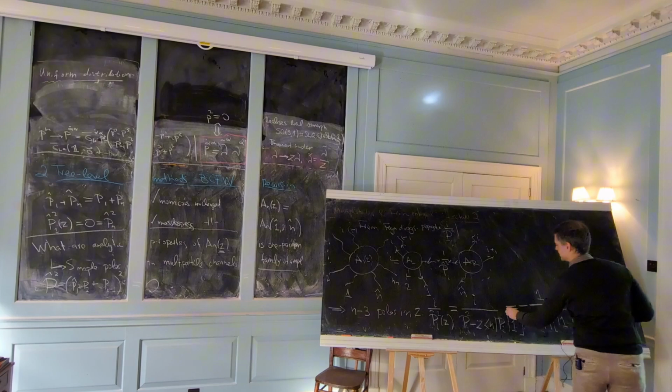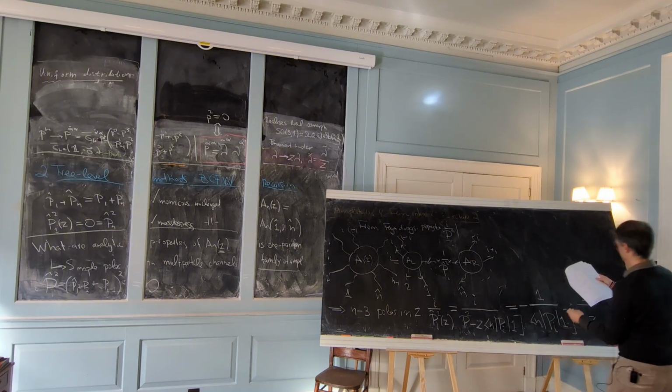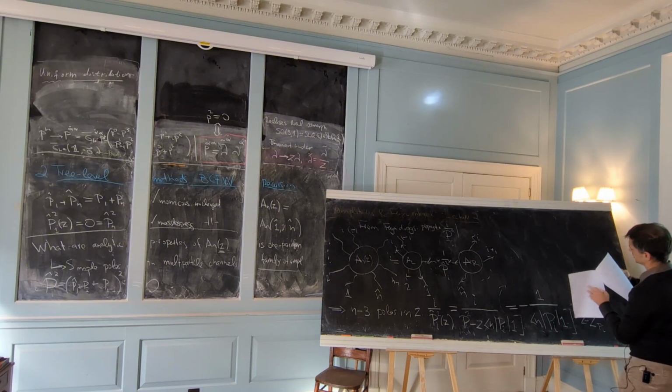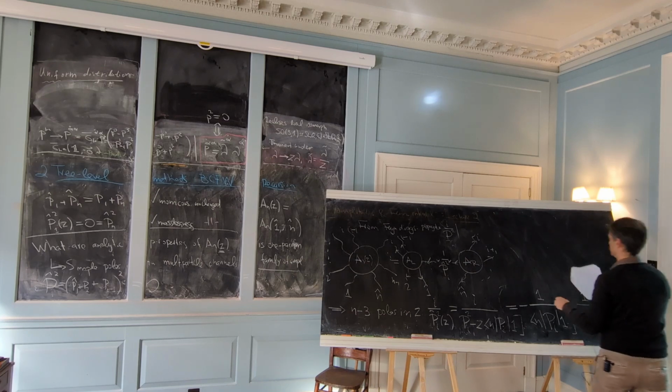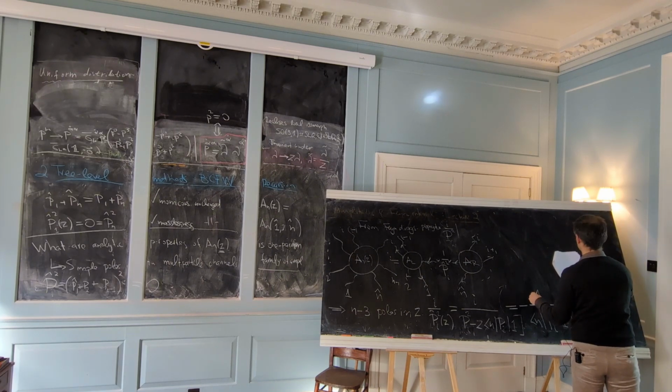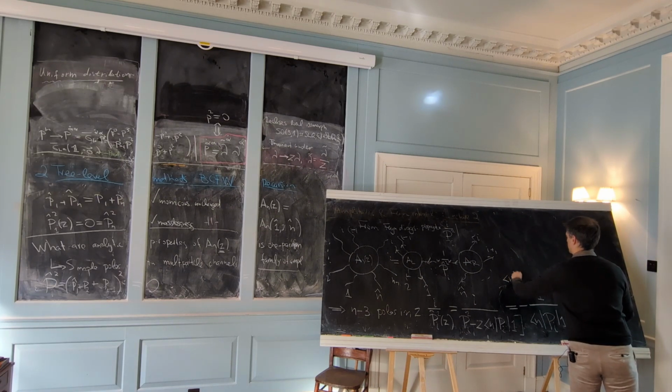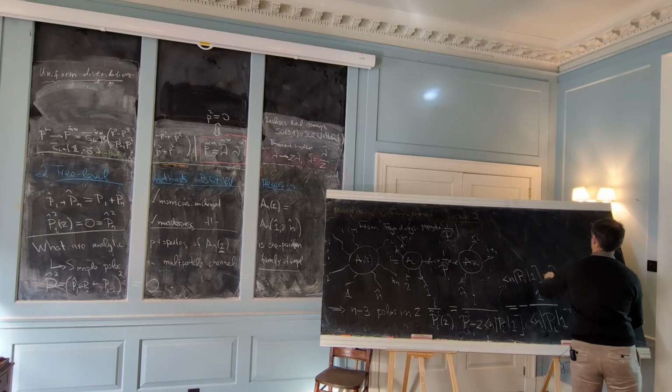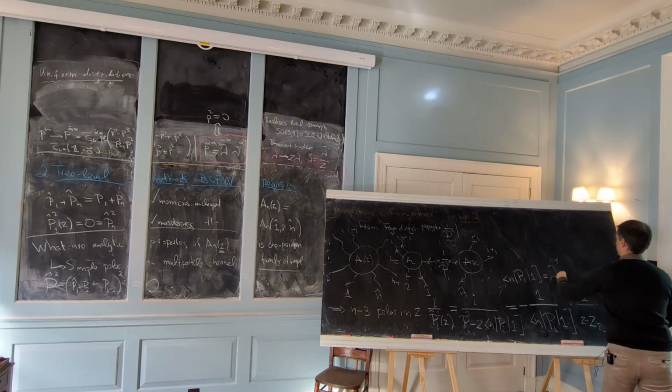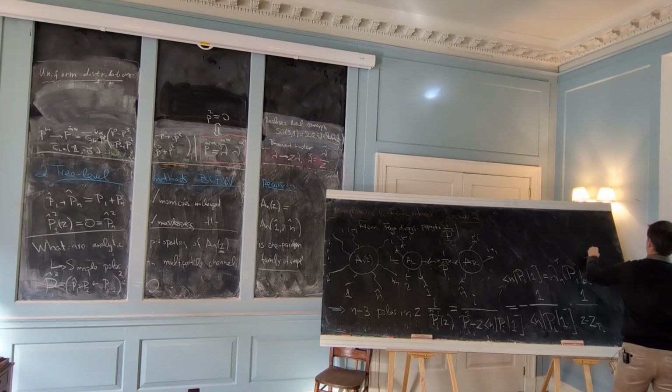And this object over here is defined as lambda alpha n, p_i alpha alpha dot, lambda tilde 1 alpha dot.